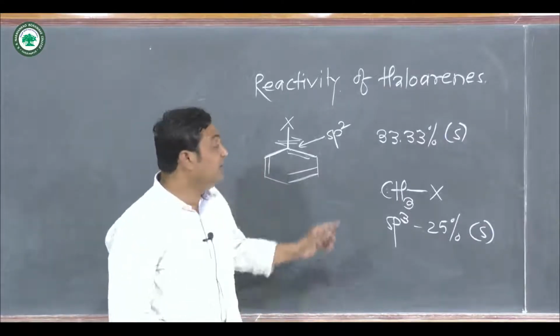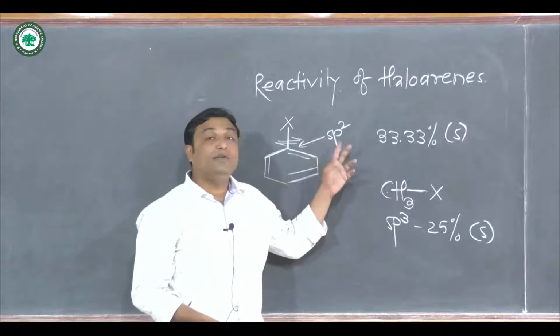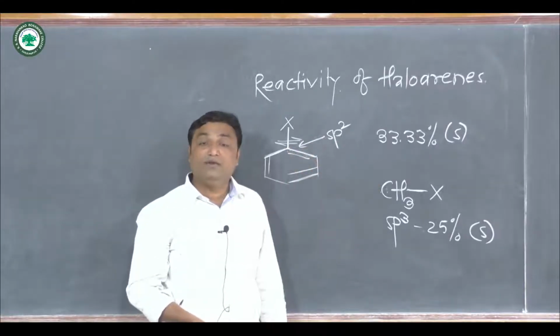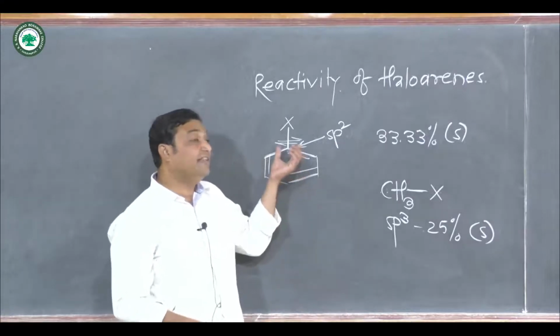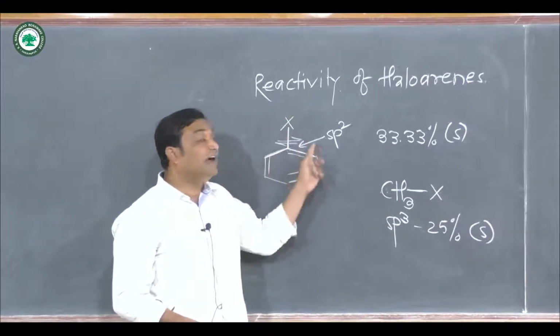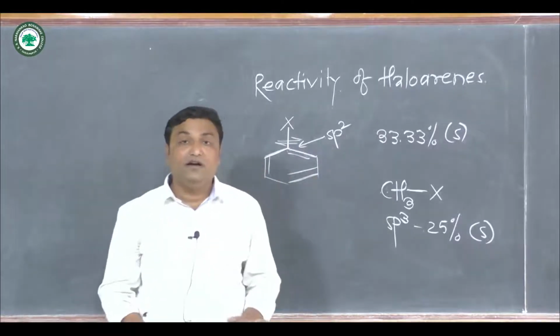It means on the basis of the percent of S character of this sp2 hybrid carbon atom, we can say that substitution of this halogen atom from this aryl halide is difficult.